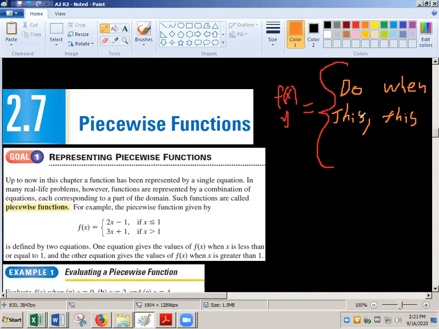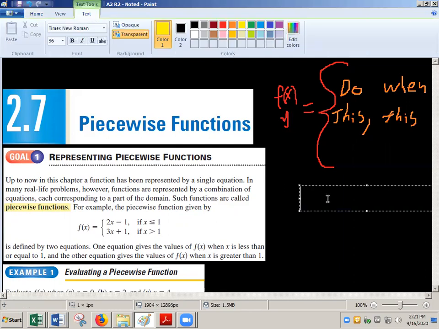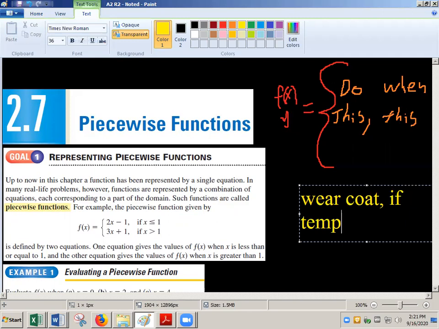So I'm going to do an example. It's got nothing to do with math, but it'll help us understand this. So I'm going to say we wear a coat if temp is less than 40. Might need to adjust my text down a smidge here.